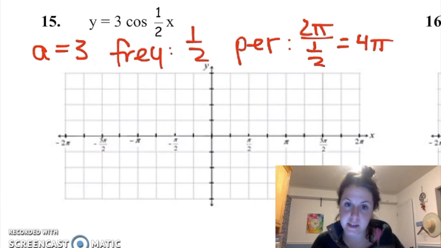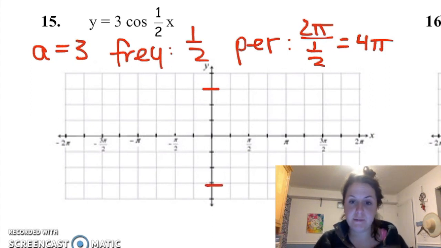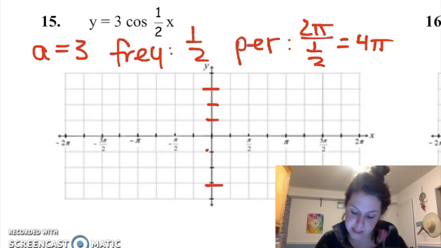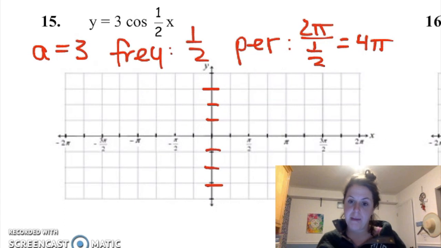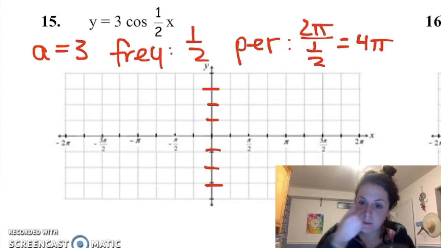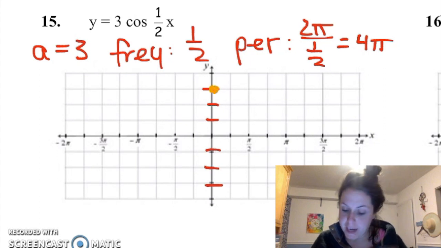So again, it's going to start at 0. The amplitude will go up 3, down 3, right? So you've got those points to contend with. Now you know that it's only going to do half a curve from 0 to 2 pi. So this is cosine. Its y-intercept should be at its maximum. And when I get to 2 pi, that should be at its minimum.